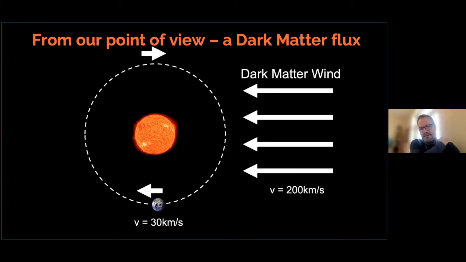So depending on the season of the year, we are going either with or against this dark matter wind. And as such, in some experiments, we should even be able to see a modulation of the dark matter flux once we are able to detect dark matter.